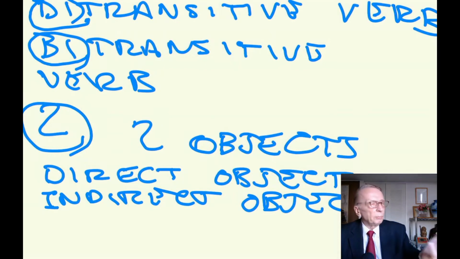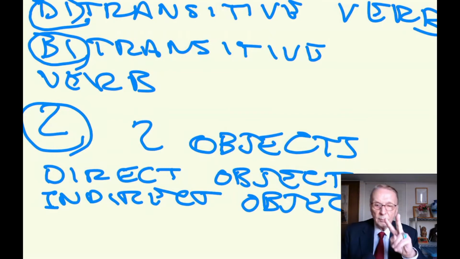So, the book receives the action read, so book is the direct object. But if you say, I read her a book, her is the indirect object. I read something for her benefit. Okay? So that's the indirect object. So a bitransitive verb has two objects, one direct object and one indirect object.